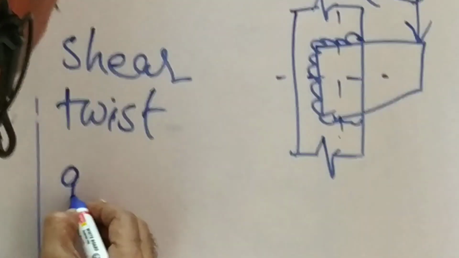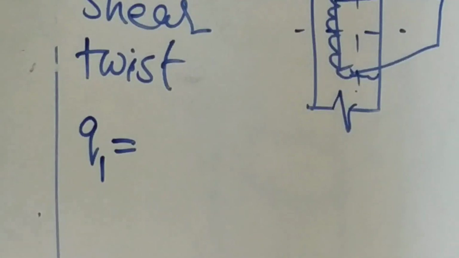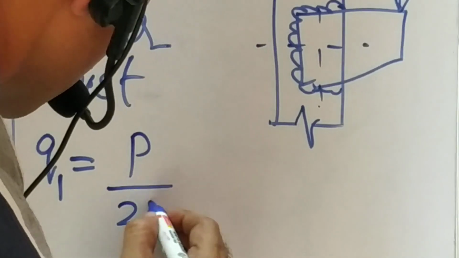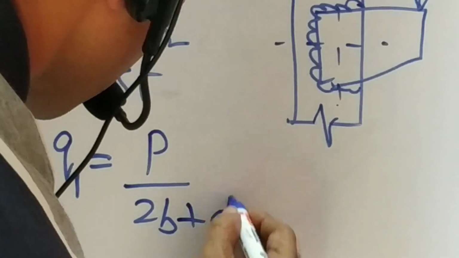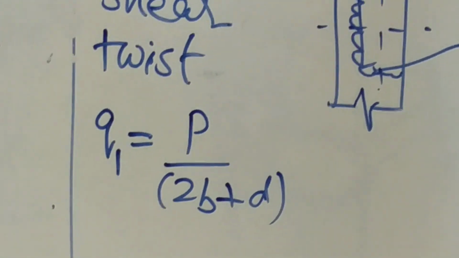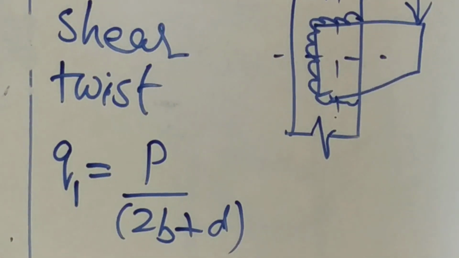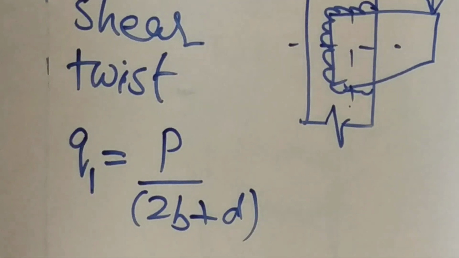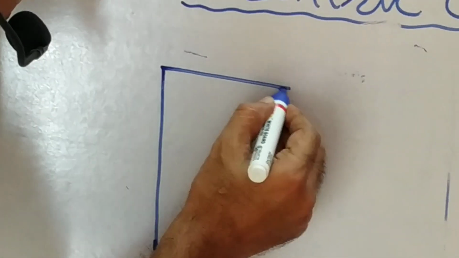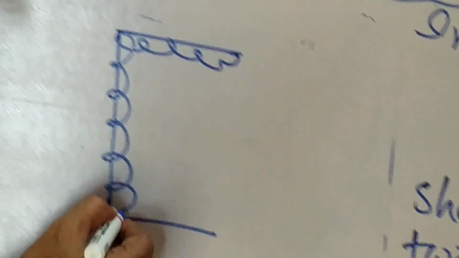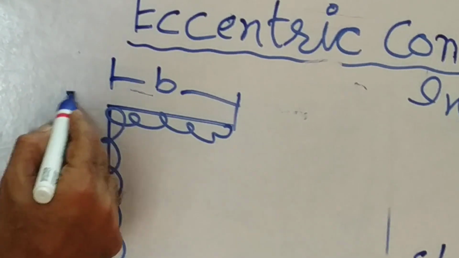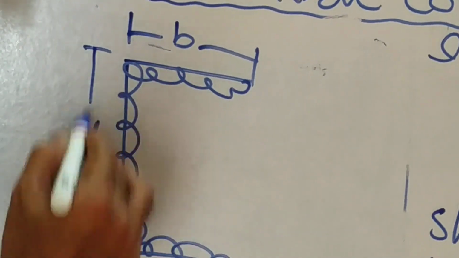So the direct shear stress Q1 is equal to P by 2B plus D. That means if I write down clearly the C, only the weld part, this is the weld alone, so this width is B and this depth is D of the weld.